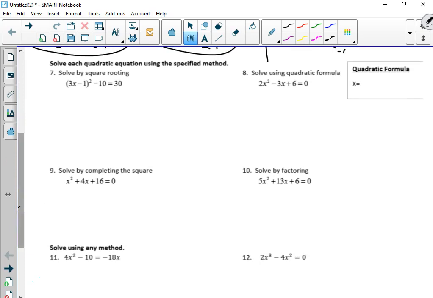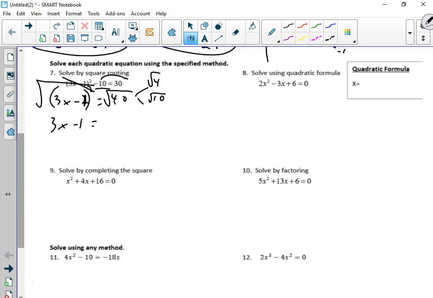Solve by square rooting. Move this over. 3x minus 1 squared equals 40. Square root method means just literally square root that side. Square root this side. 3x minus 1 is equal to, this breaks down to 4 and 10, which is 2 root 10.